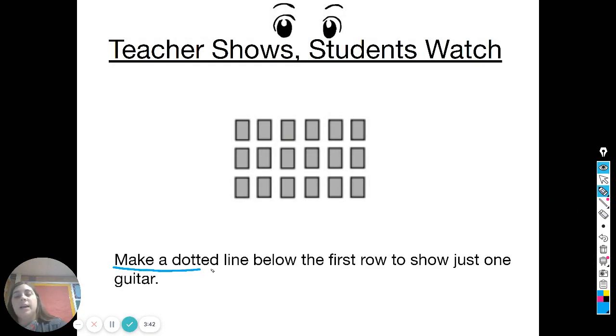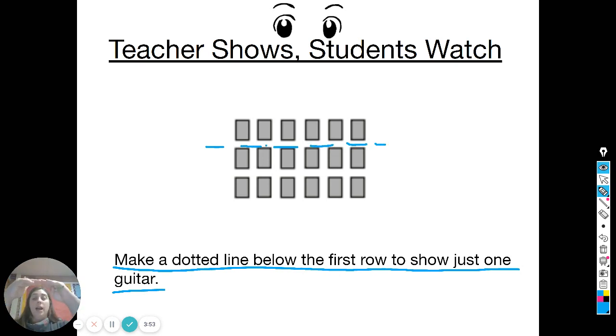Now it says make a dotted line below the first row to show just one guitar. So I'm going to put a line right here, and that shows me that the row on top of the line is just 1 guitar, and what's below the line is 2 guitars.